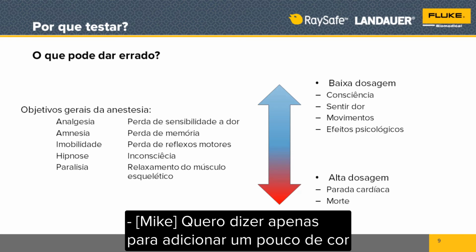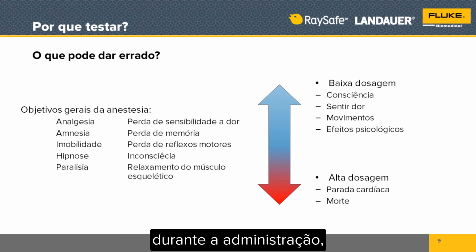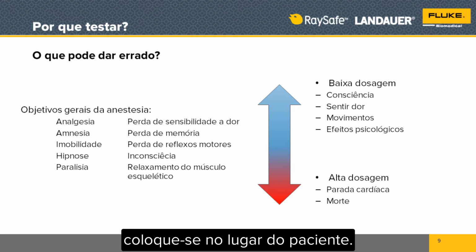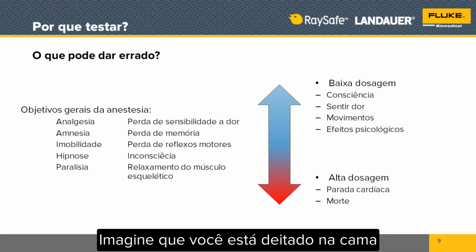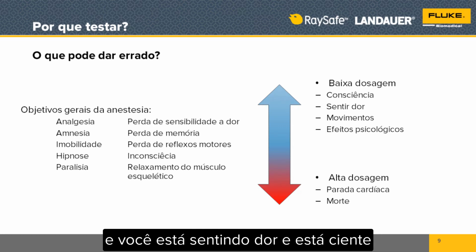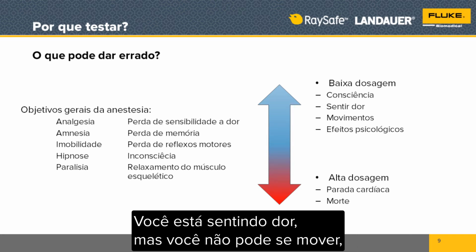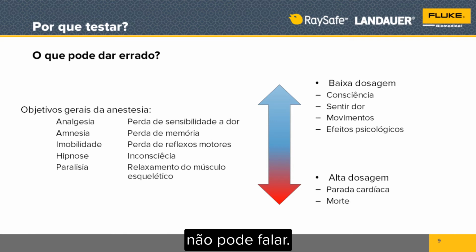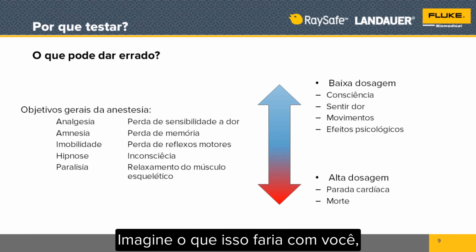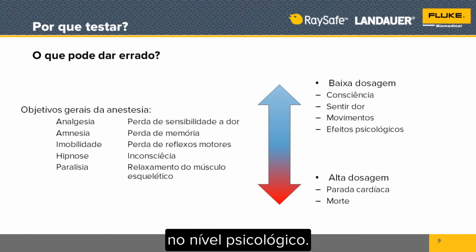Just to add some color to under-administration, put yourself in the patient's shoes. Imagine that you're laying there on the bed and you're feeling pain and you're aware of what's going on. You're watching cuts being made, you're feeling the pain, but you can't move and you can't speak. Imagine what that would do to you at a psychological level.